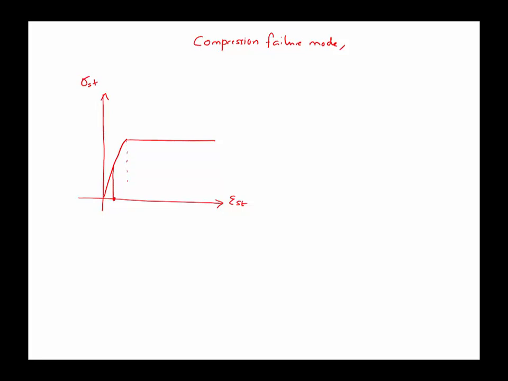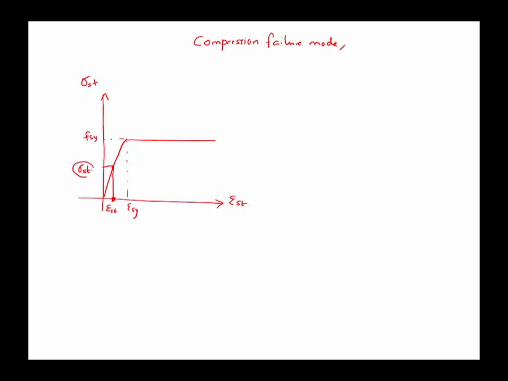So the yield strain of the steel is epsilon sy, but in our case the steel hasn't yielded yet, so epsilon st is somewhere here and the concrete has already crushed. So you see that the steel stress is sigma st, which is smaller than the yield strength of the steel.